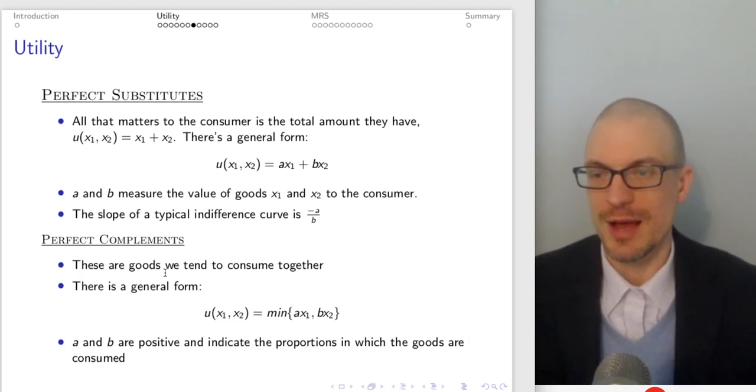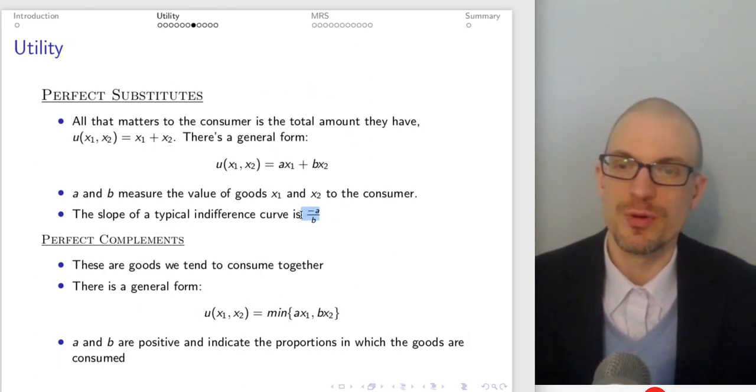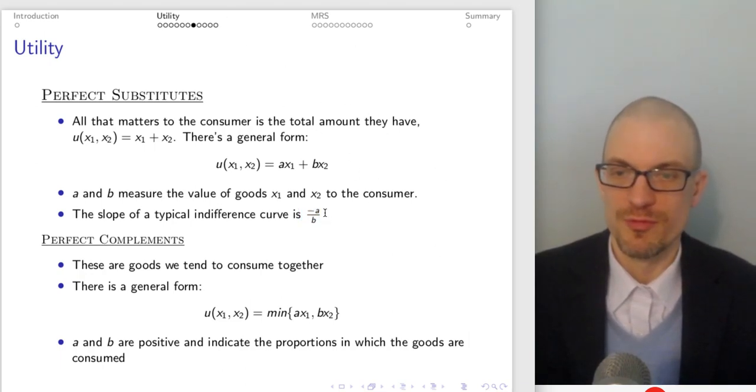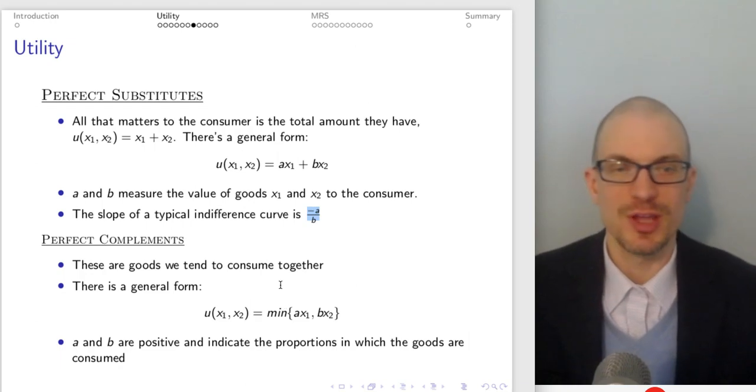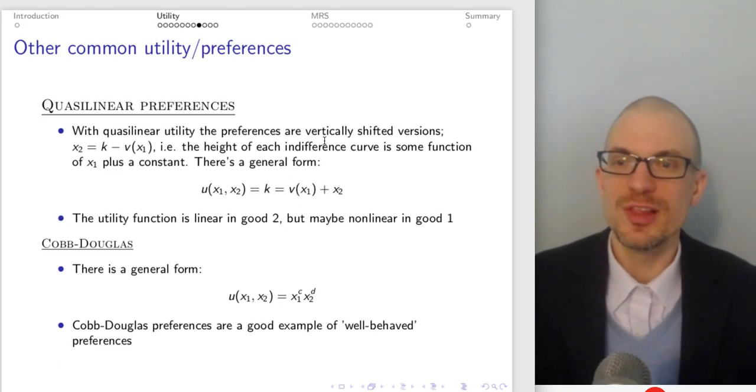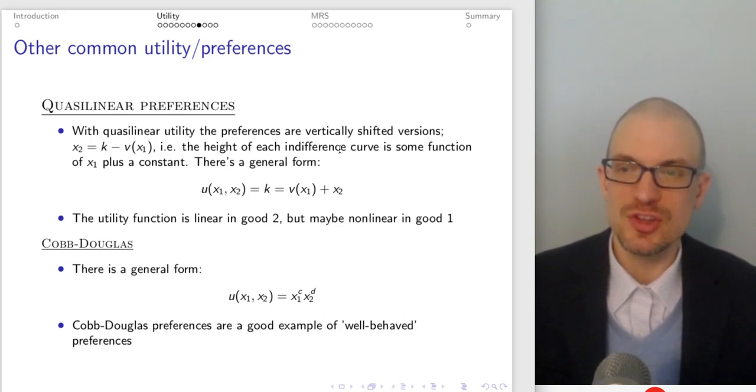So perfect substitutes are giving us downward sloping indifference curves with a slope of minus A over B. Perfect complements are giving us indifference curves that look like right angle corners. Quasi-linear utility are these vertically shifted versions, right? So the height of the indifference curve is going to be some function of x1 plus some constant.